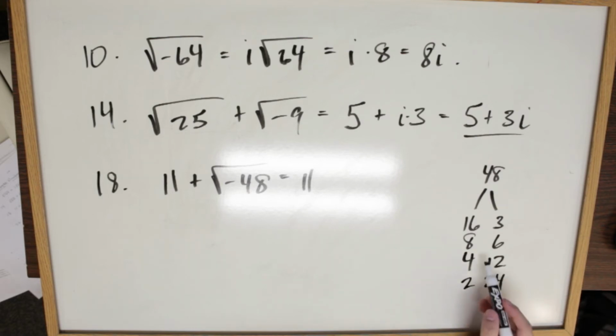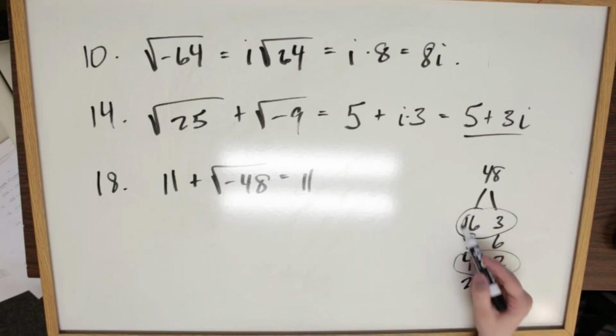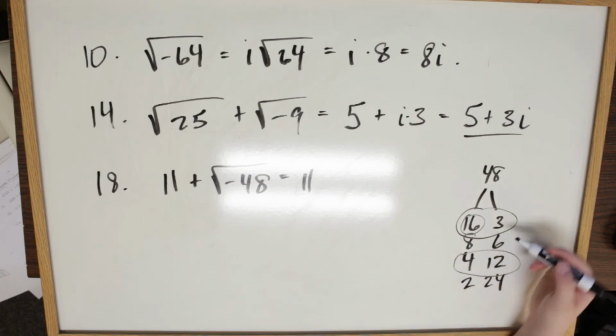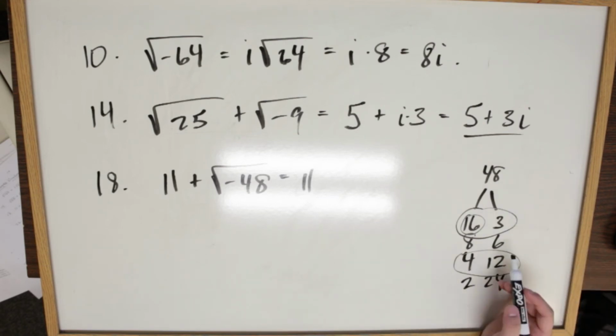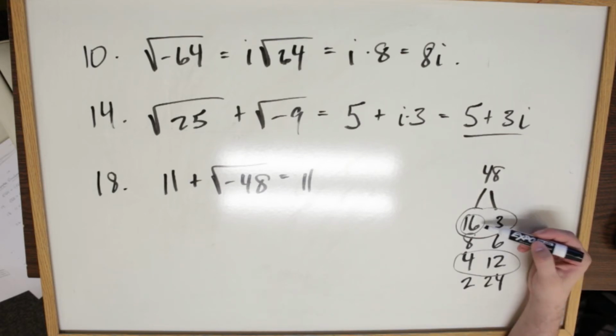Now, here's the deal. You could use this one, but I'm actually going to use this one because I want to choose the highest number. That way I won't have to do another factorization of 12. When you look at it, you want to find the highest perfect square.